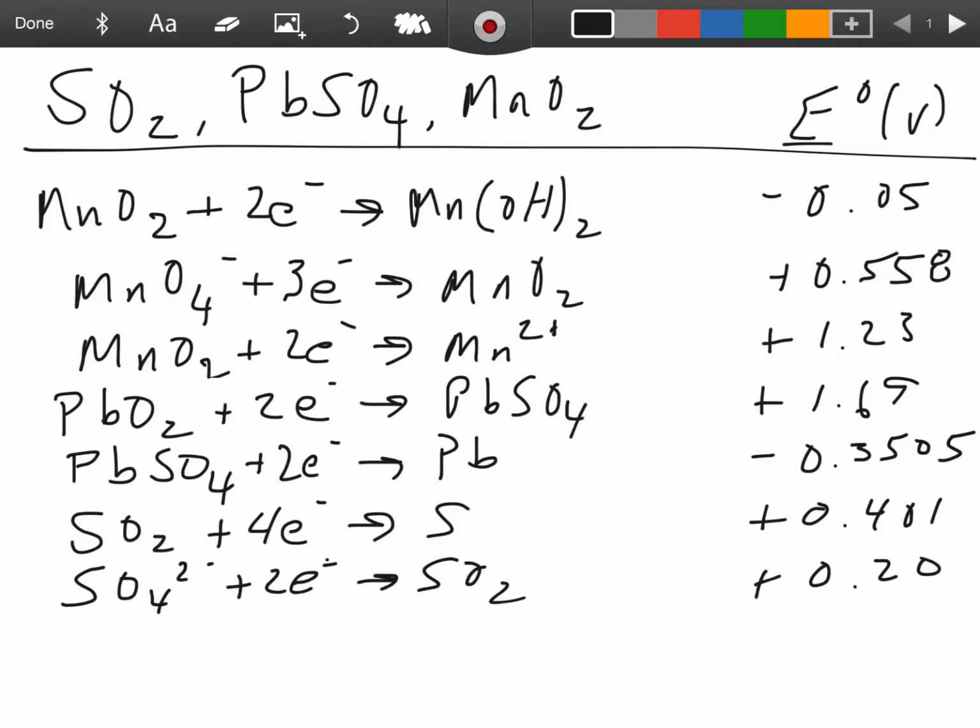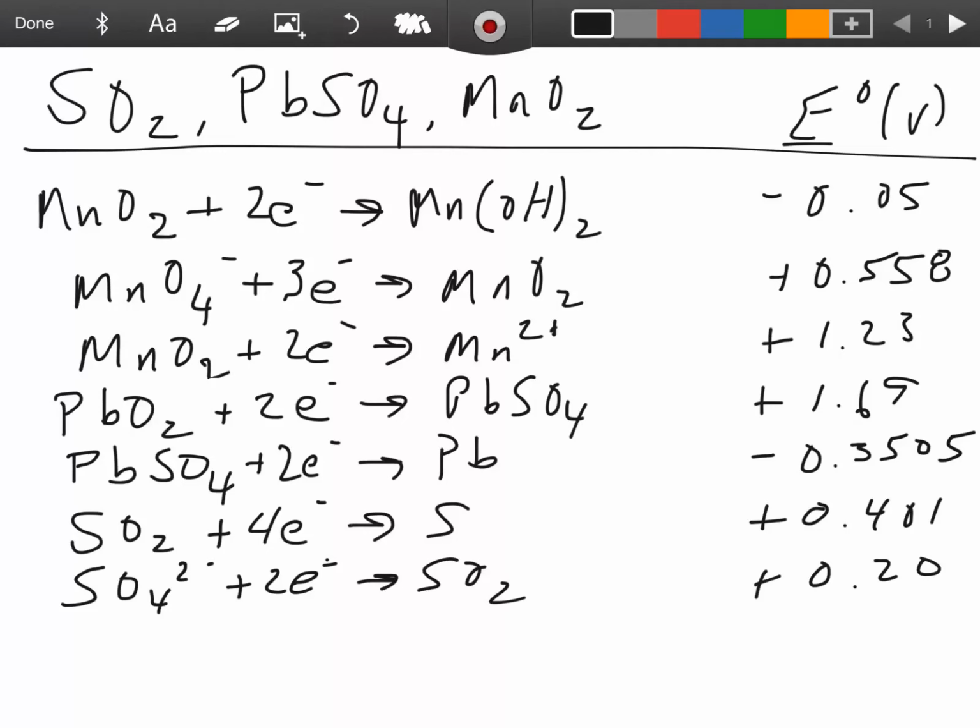If I'm looking for an oxidizing agent, remember, that is something that gets reduced. In every case here, the MnO2 plus 2 electrons, MnO4 minus plus 3 electrons, and so on and so forth, the species on the left is being reduced.